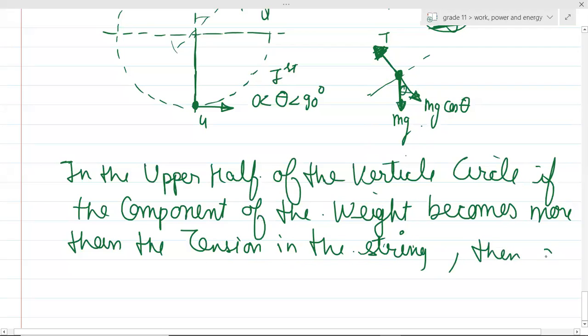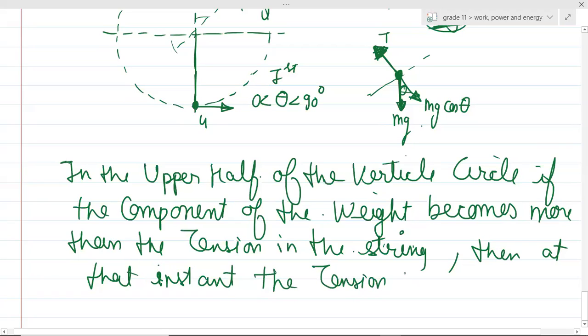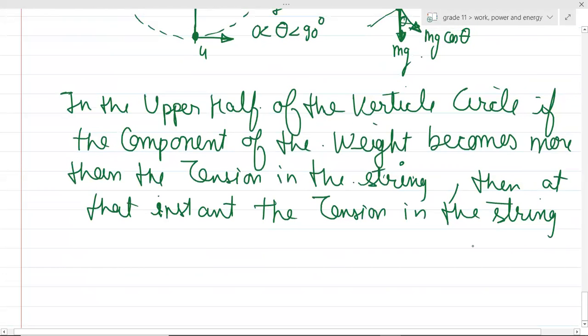At that instant the tension in the string becomes zero, because mg cos theta alone can provide the necessary centripetal force, so there is no need for tension anymore. So at that particular instant the tension in the string becomes zero and it becomes slack.